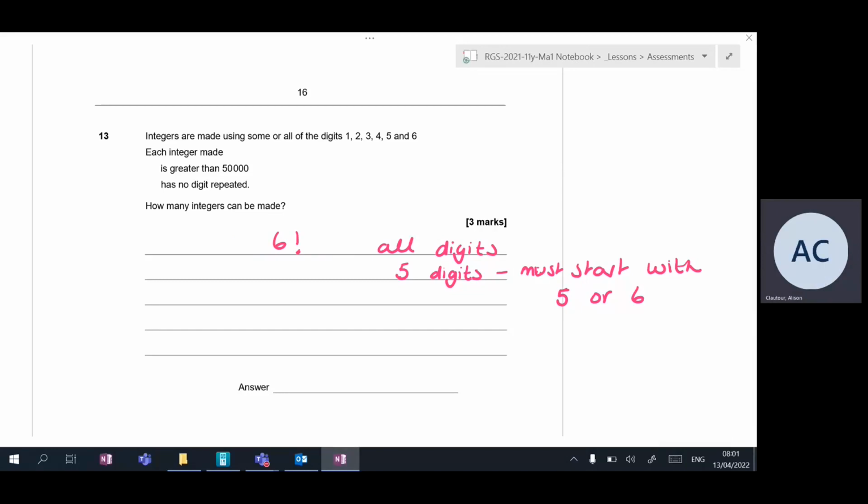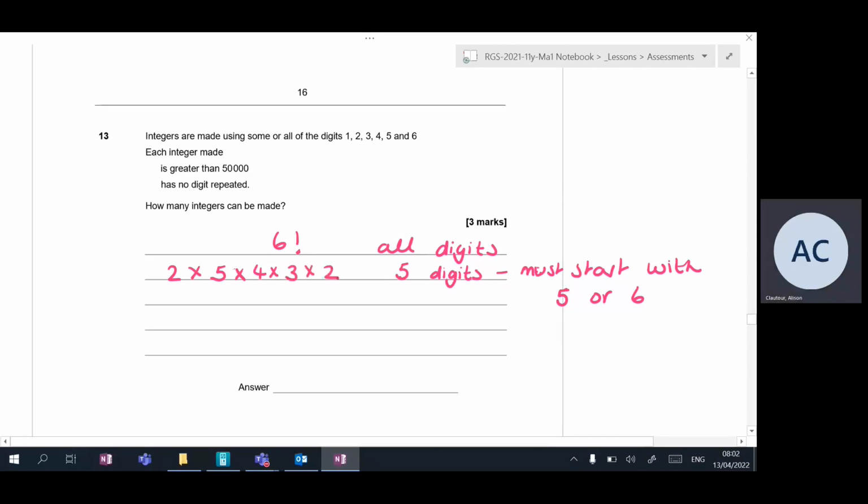For the 5 digits, it's a bit trickier. So we have to pick a 5 or a 6. So we've only got 2 ways of picking that first number. To pick the second number, it doesn't matter what number I pick. So I've taken one of the numbers out, obviously, so I've got another 5 ways left. And then the third digit, I've got 4. And then the fourth digit, I've got 3.